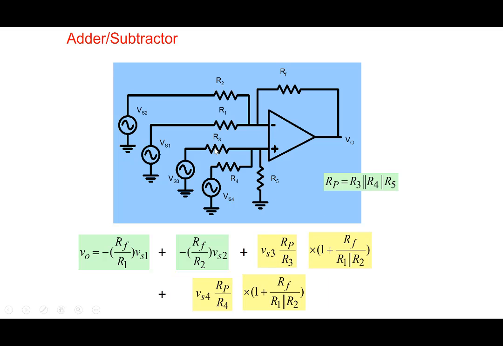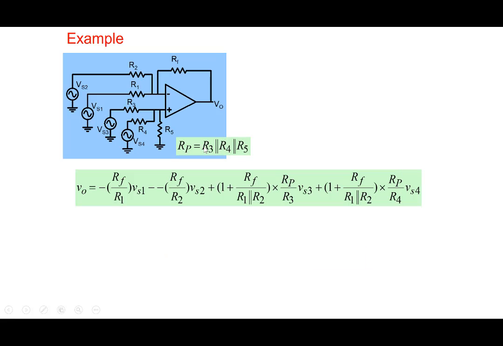And we said that you can make things easier if you define R3 parallel R4 parallel R5 as a parallel resistor RP. And then the whole thing you can verify that you can write it as VS3 RP by R3, VS4 RP by R4, and this one is 1 plus RF by R1 parallel R2. Okay, so let's take this as an example.